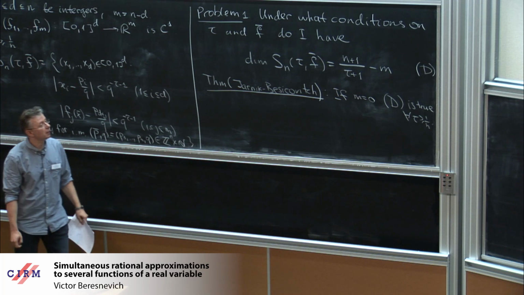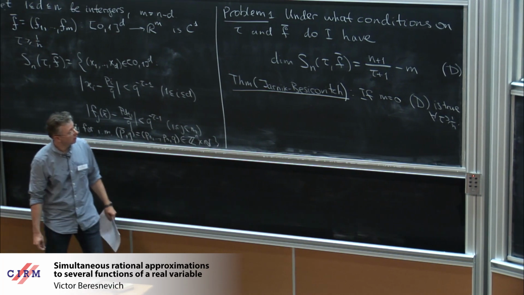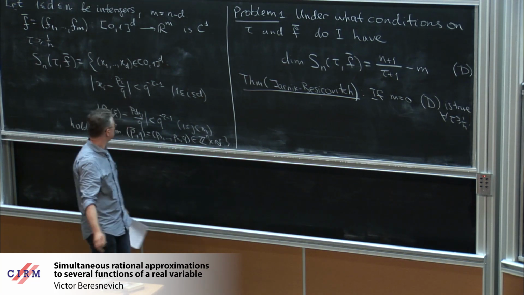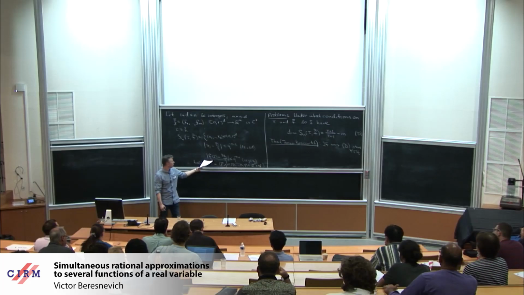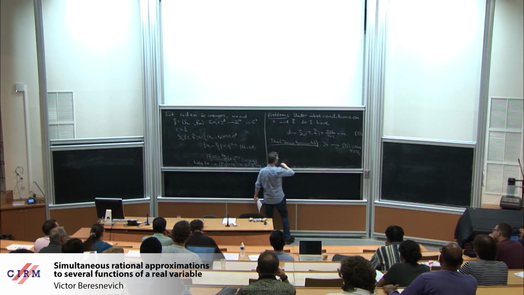Okay, so the other problem, which is related to problem 1, is about the distribution of rational points near the curve parameterized by this function, or more generally a manifold.